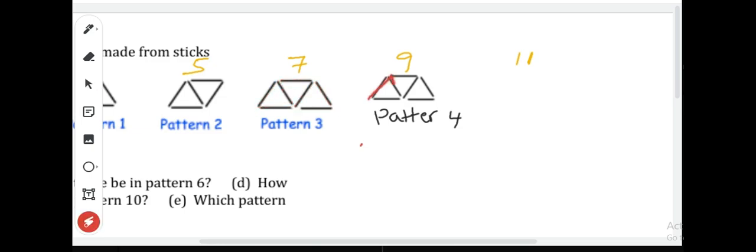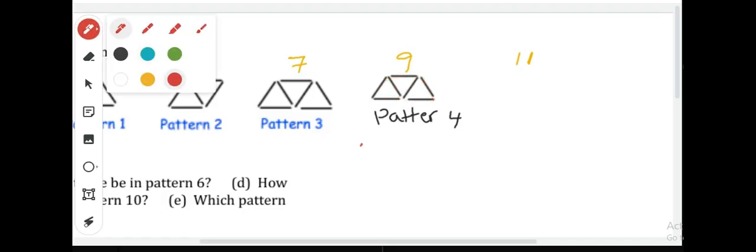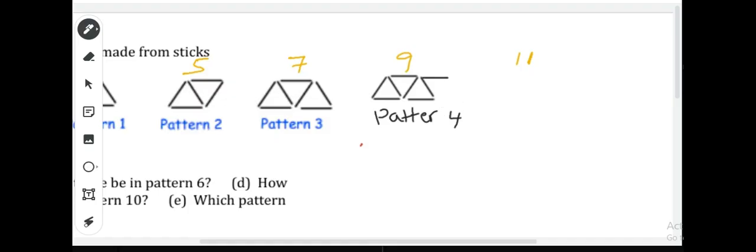So this one will be 1, 2, 3, 4, 5, 6, 7, then 8 and 9. So it's going to be like this, 1 to 9, and so on.